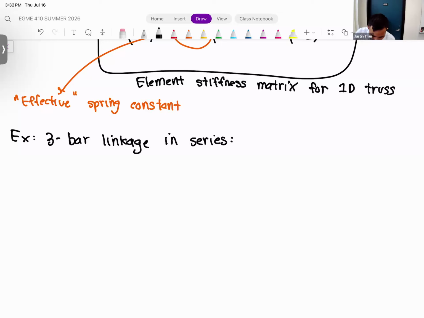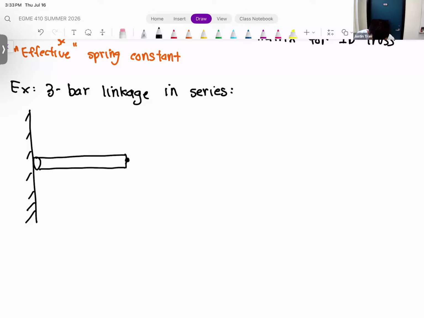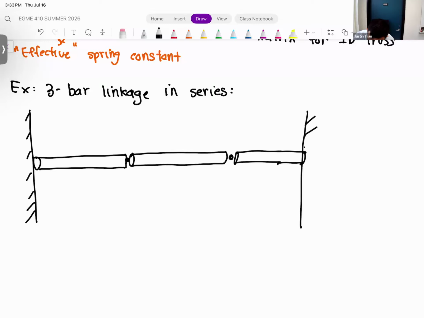Okay, so our figure looks like the following. We're going to have 2 walls that are fixing the entire structure here. To the first wall, we're going to have 1 truss bar that goes like that. We're going to have a node there, another truss bar connected to that, another node there, and another truss bar that's connected to another wall on that side as well.